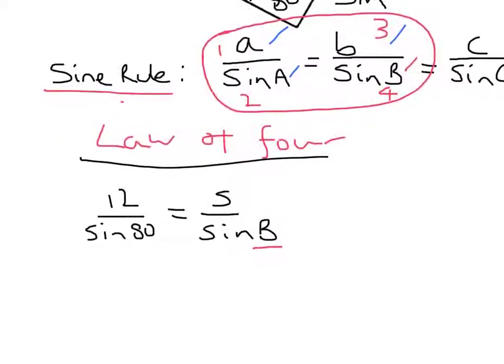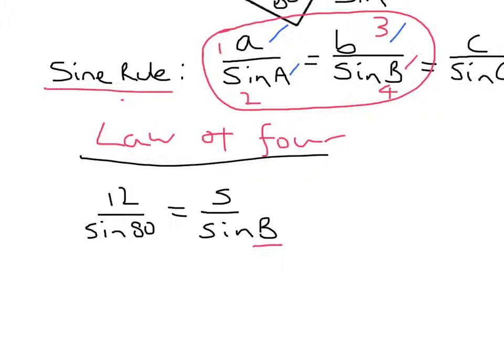After rearranging, you should have found that B is 24 degrees to the nearest degree.